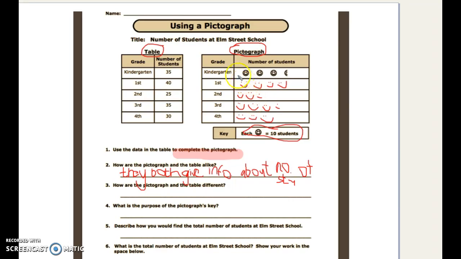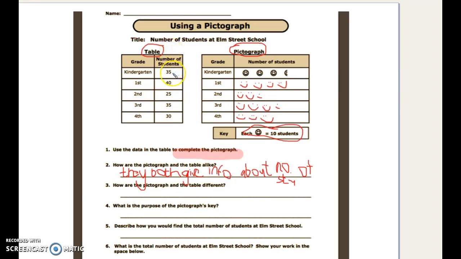The pictograph also has 2 columns. The first one shows which grade level, and the second one shows the number of students. So that's something that they have that's alike. Something that they have that's different is the way in which the number of students are represented.